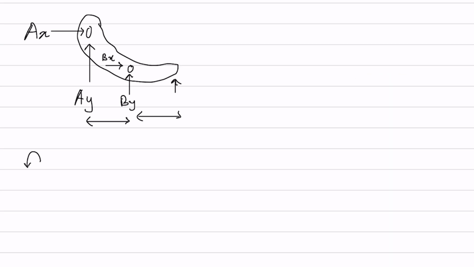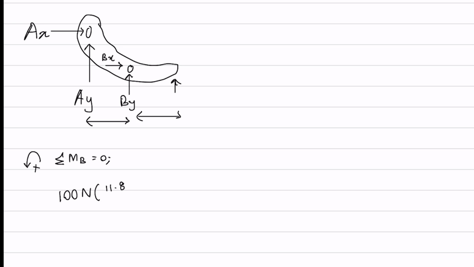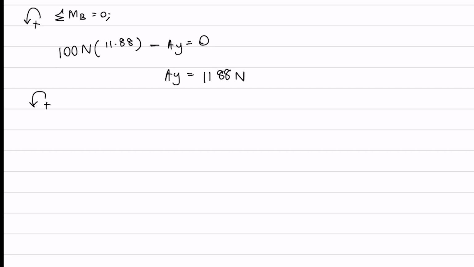For the calculation, we assume that to the left is positive, so sum MB equals 0. 100 Newton times 11.88 minus AY. 11.88 because we convert the length of 108.75 mm to 11.88 cm. So AY equal 1188 Newton. Sum MA equals 0.